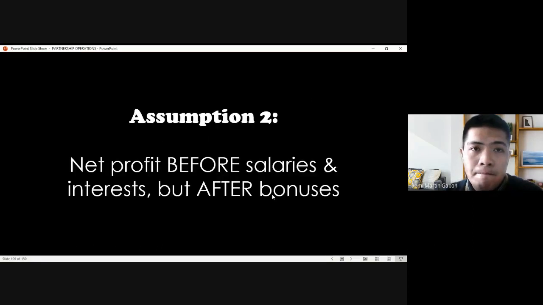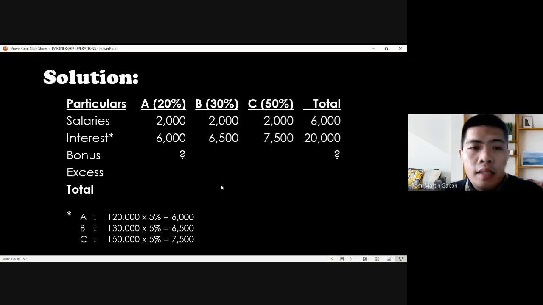Okay? For assumption 2, we have net profit before salaries and interest only, but after bonus. Kanina, before ng lahat. So, minultiply agad natin sa 45,000 yung 10%. Dito, hindi natin i-multiply agad sa 45,000. Ano yung gagawin? Okay? Ito ulit yung ating analysis.